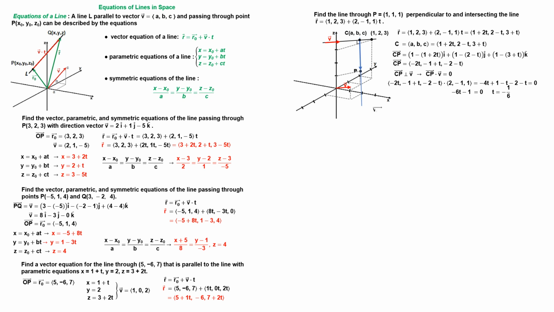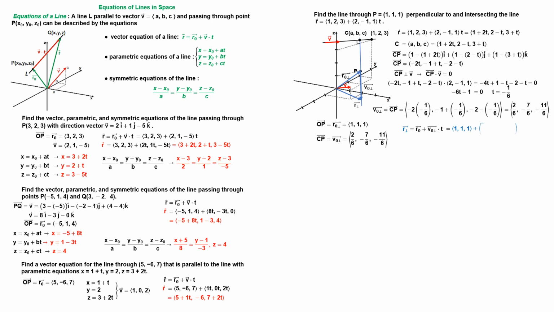Similarly, we can find the equation of the line CP by following the same method as in the previous examples when given 2 points. Let's see another example.